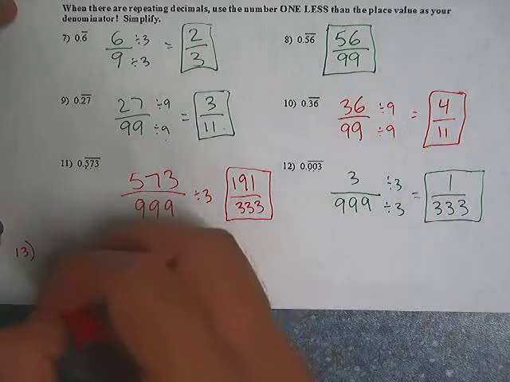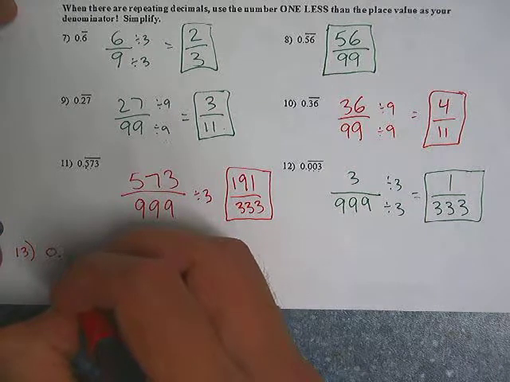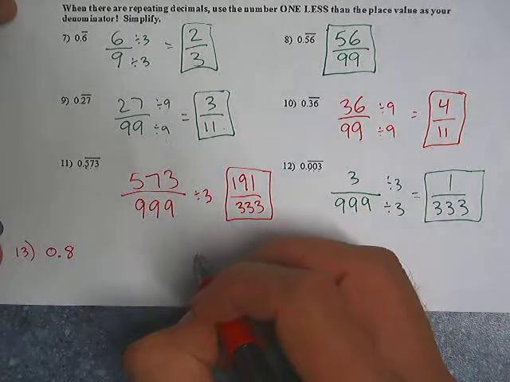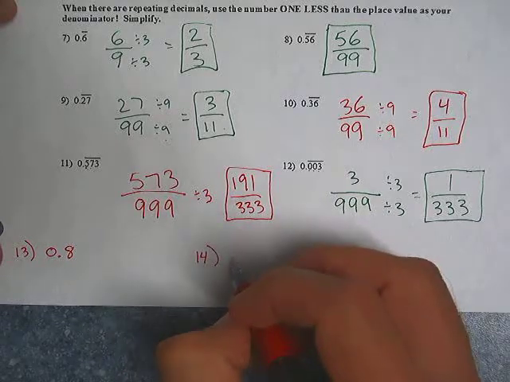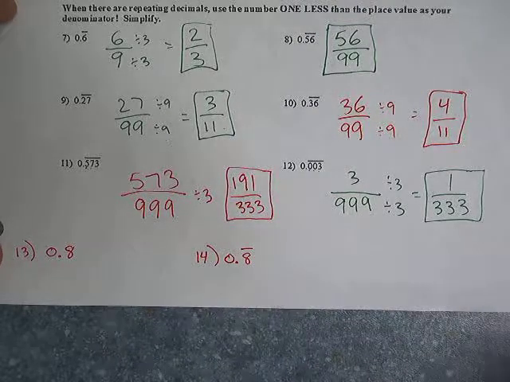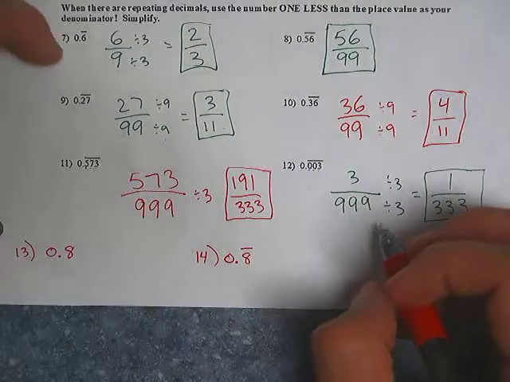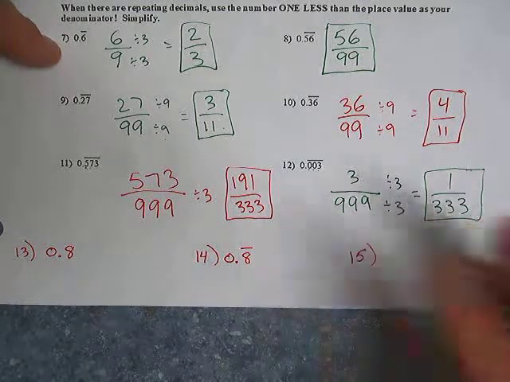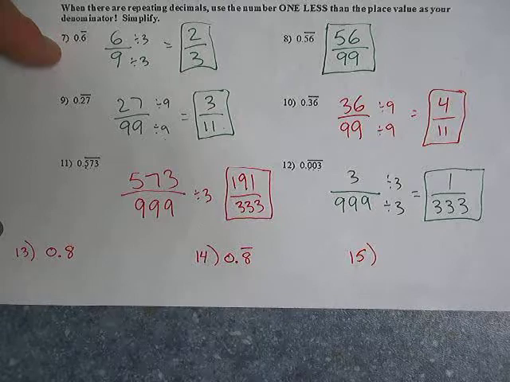All right. I want you to try a couple to see how you can do on your own. So we're going to add a couple numbers down here, and let's see how you do. So let's add number 13. Let's do 0.8 for number 14.